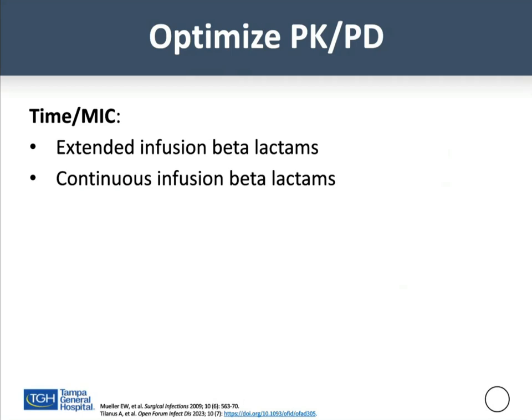You've likely heard of extended infusion beta-lactams as well as continuous infusion beta-lactams. The idea here is, especially when you get more resistant organisms and that MIC is increasing, you can imagine visually that we're going to need to do something to keep the drug concentration over that MIC for as long as possible. That's where these two infusion strategies really optimize the outcomes based on beta-lactams.